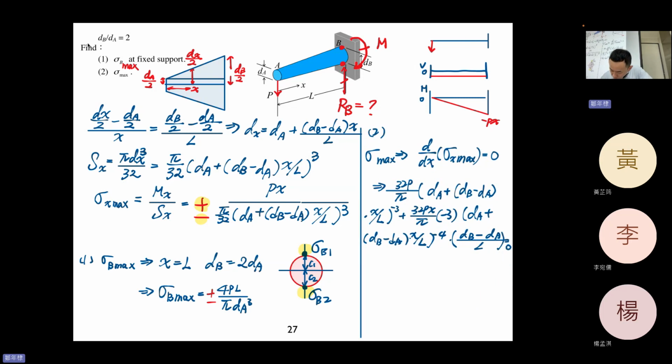Okay, equal to 0. Okay, so x equal to half L.